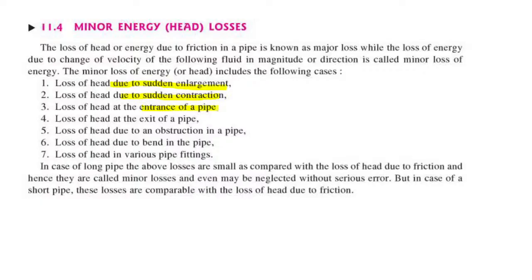Imagine you have a vessel and the flow is entering inside a pipe. That is also considered a loss of head at the entrance of a pipe, loss of head at the exit of a pipe, then sudden obstruction, sudden bend and other fitting issues, right?